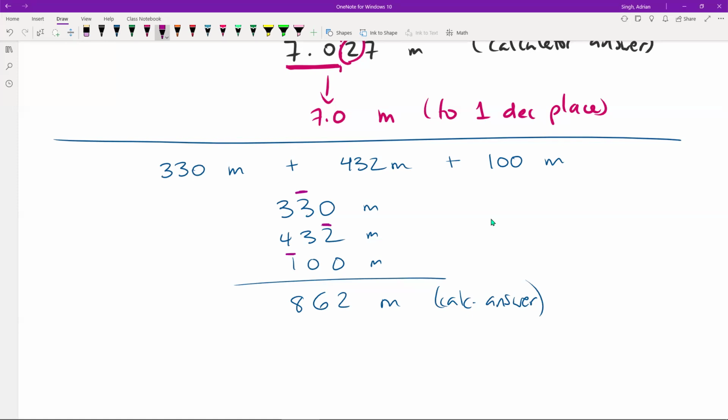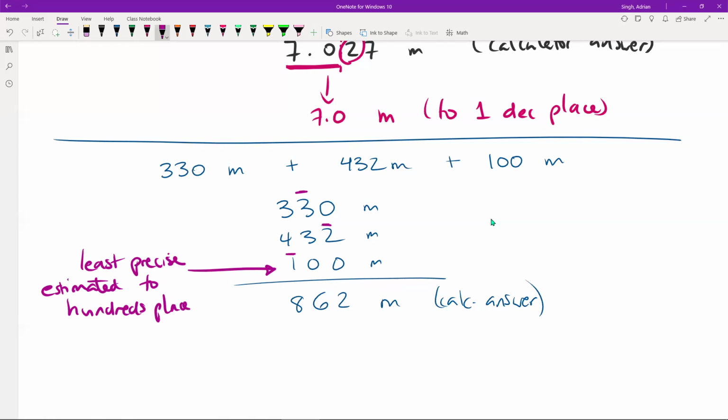So we don't have any decimal places, but we can still look at the precision. This one here is the least precise, because this is estimated to the hundreds place.